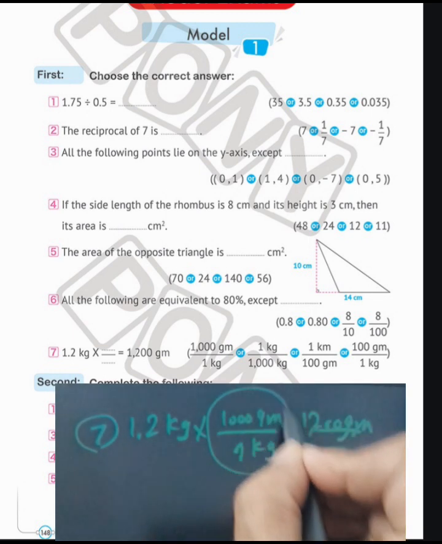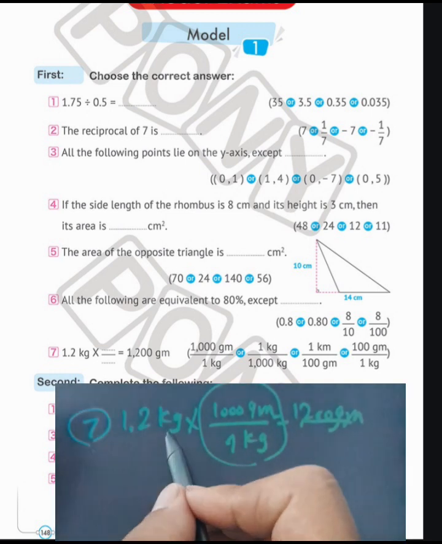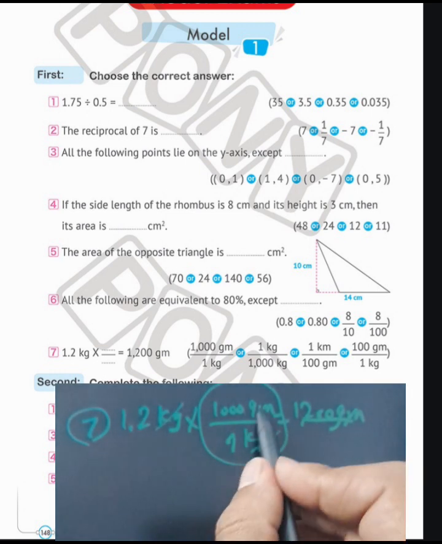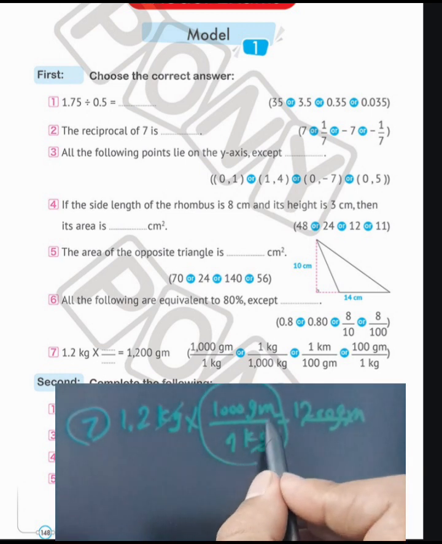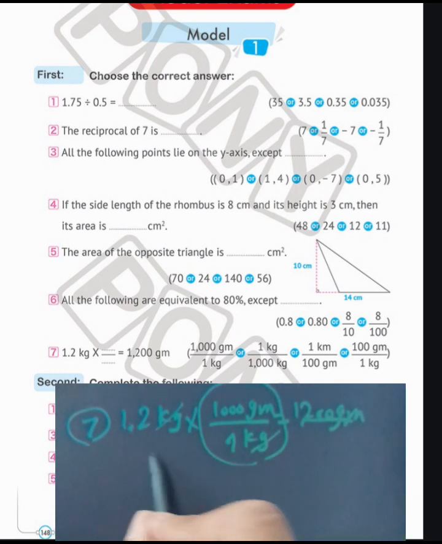We must write 1000 gram over 1 kilogram because we must cancel kilogram. You write kilogram in the denominator and gram on top because the new unit will be gram. And 1.2 times 1000, we move the point to the right by 3 places, then the result will be 1200.